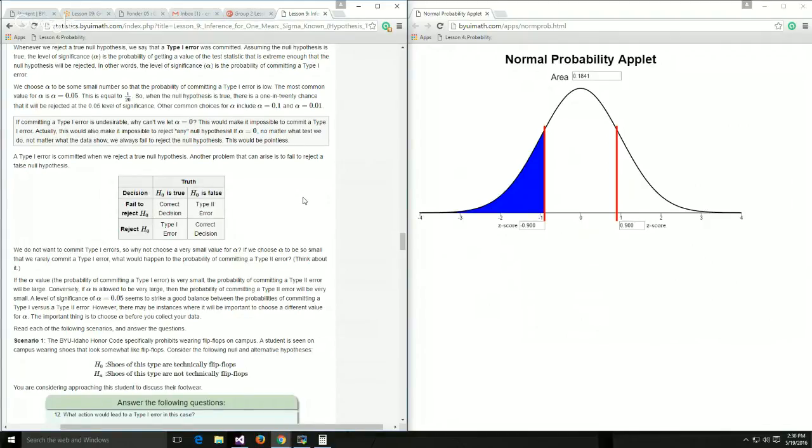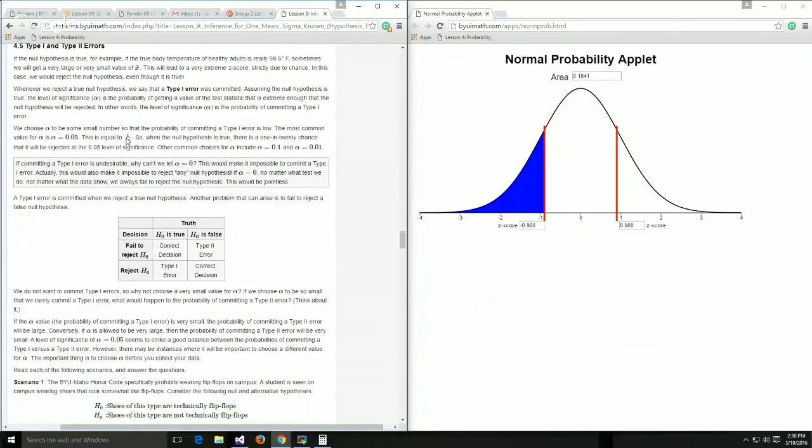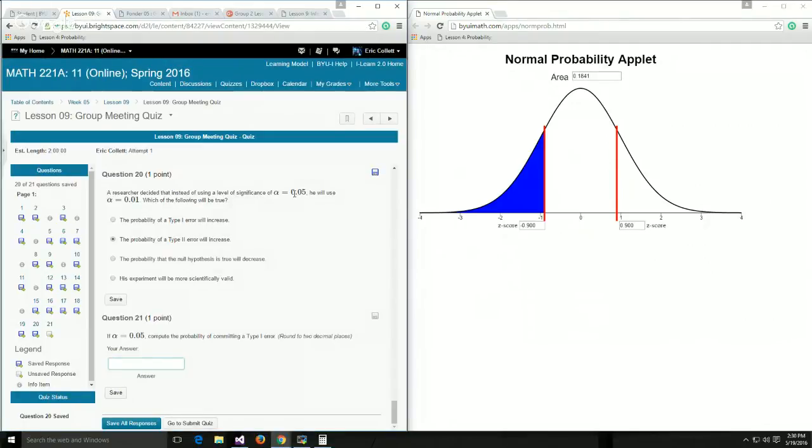Okay, so the level of significance is the probability of committing a Type I error.